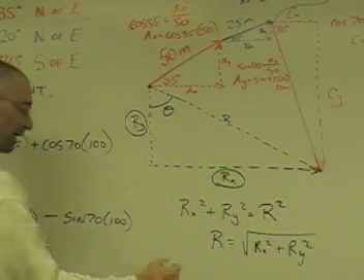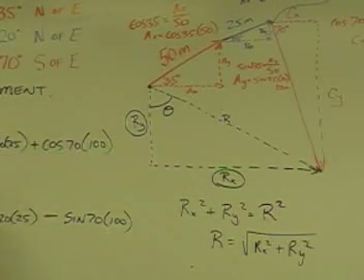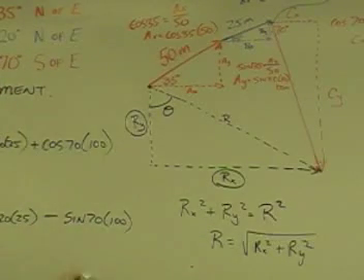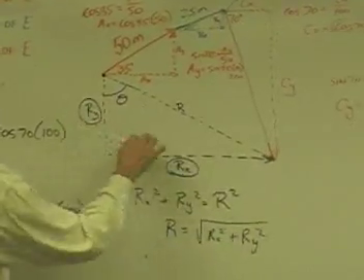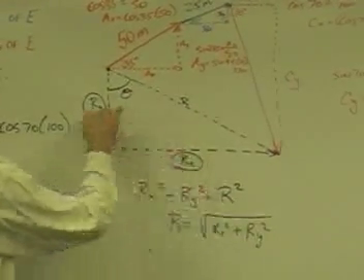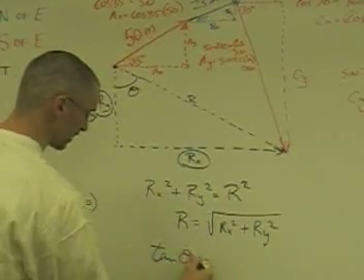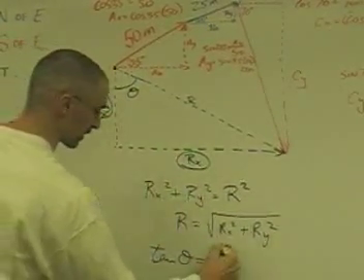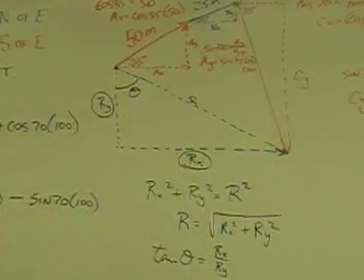And how we would go about that, since I don't have the calculator, and this will have to be calculated using the calculator, we can use opposite. Let's see, we're going opposite to that angle and adjacent. So we're going to use the trig function tangent. So tangent equals opposite over adjacent. So we're going to have Rx over Ry.